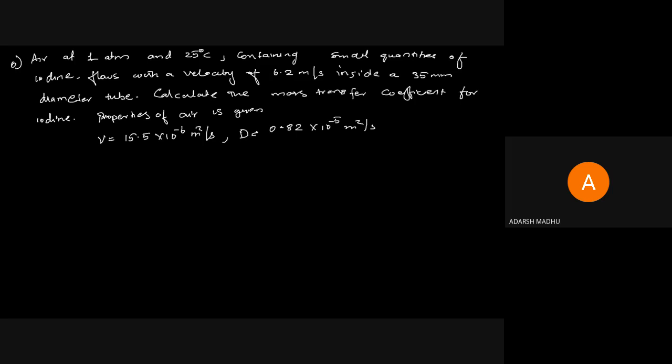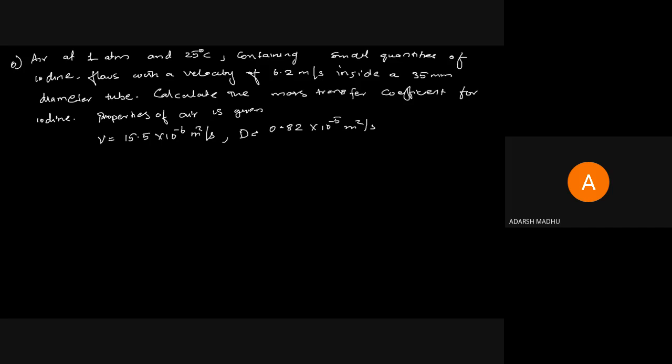Okay, the velocity u is given, pressure is given, temperature is given, diameter is given, the viscosity mu is given, and the diffusion coefficient D is also given. So by using these properties, we want to find the mass transfer coefficient HMC. The method is to find the Sherwood number.